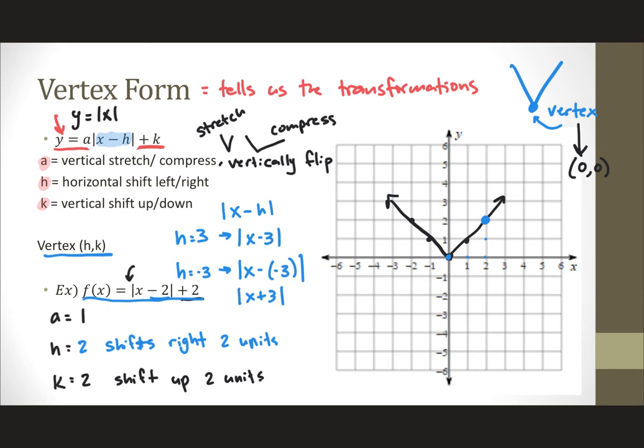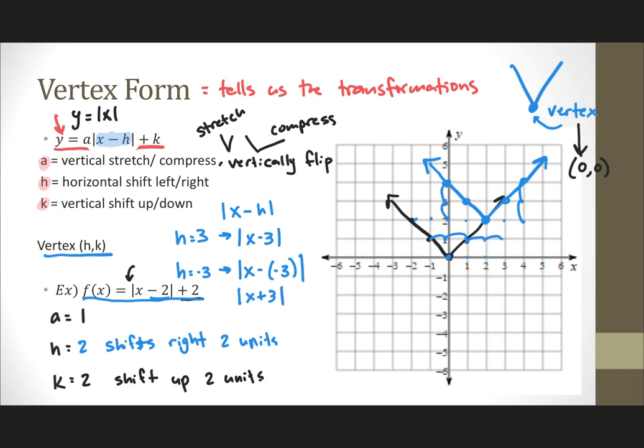And all of these points will shift right 2, up 2. All the points move in the exact same manner. And then this blue line right here is my new graph.